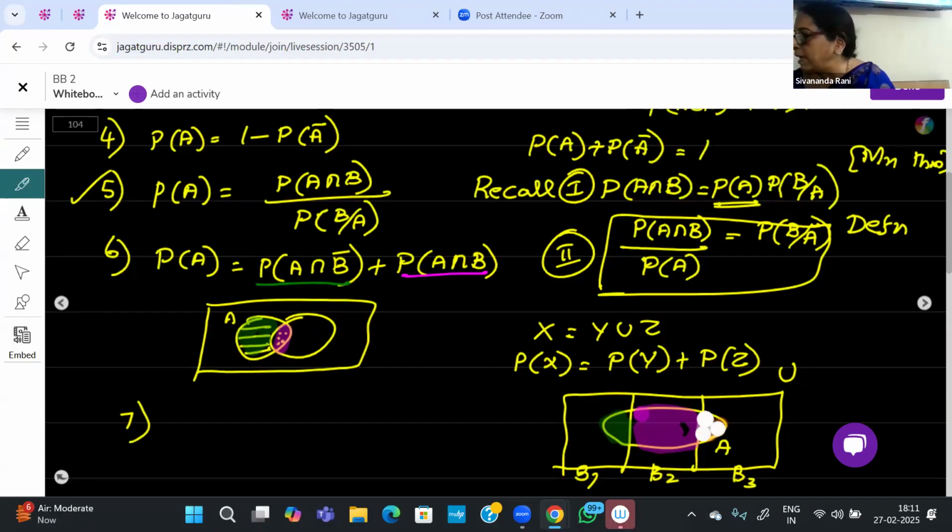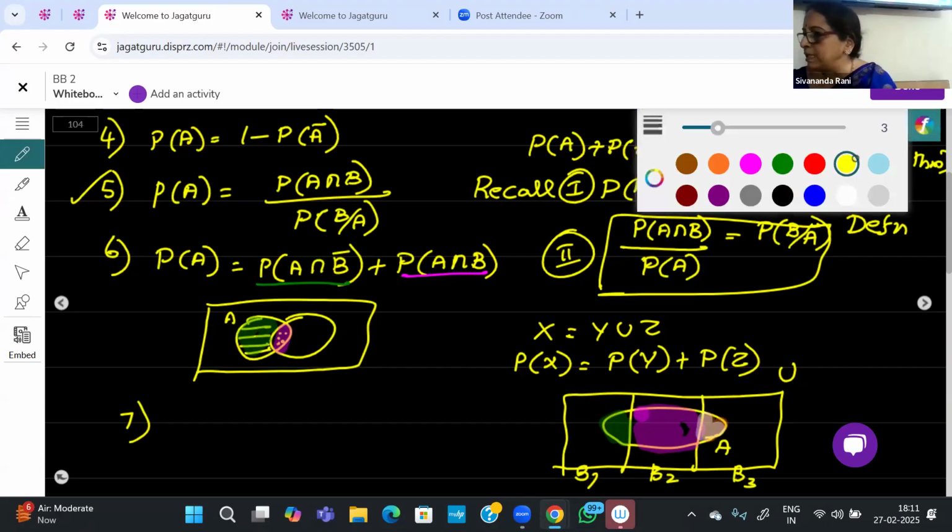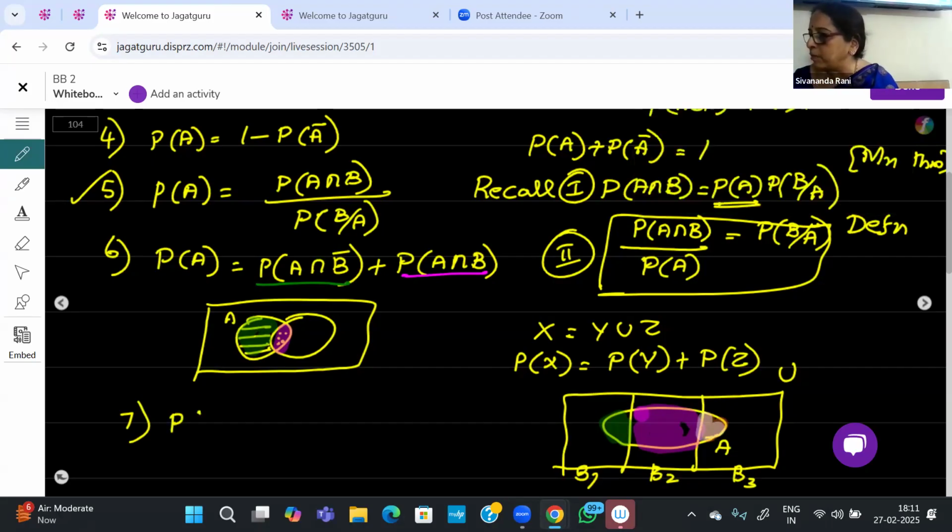So what can be my A in this context? In this case, what will be P of A? In the previous case, it was the green portion plus the pink portion. But now it will be, can you think of these portions? What are these actually? What is that green portion?